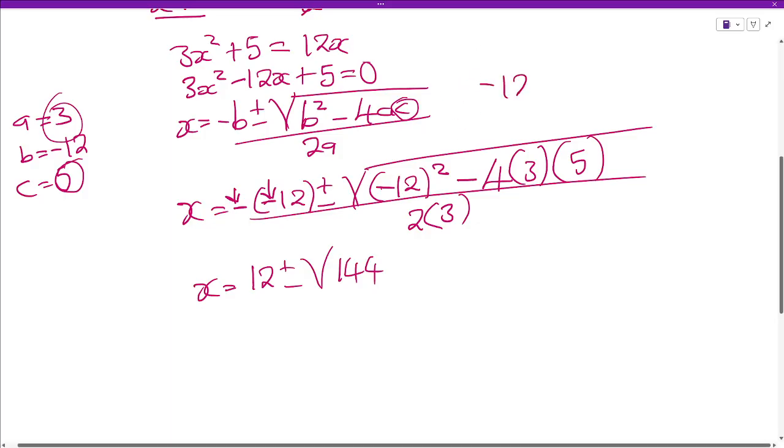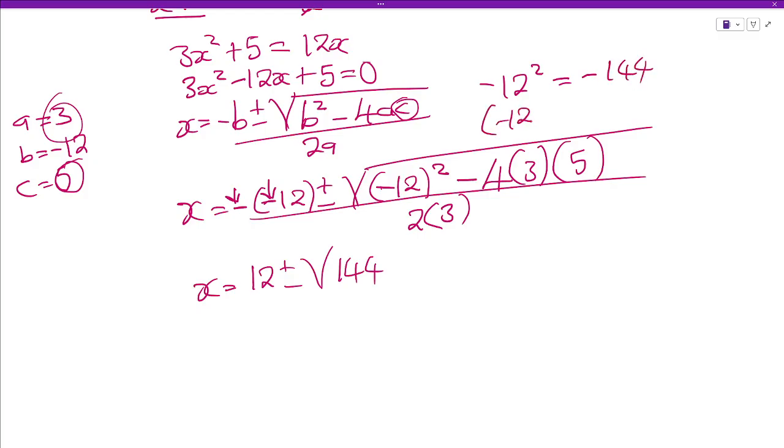Negative 12 squared without brackets will give you negative 144, while negative 12 in brackets squared will give you positive 144. So this is the correct one. Make sure you put these in brackets so that your final answer is a positive. Don't forget to put the values in brackets. If you are dealing with a negative, you are gone.